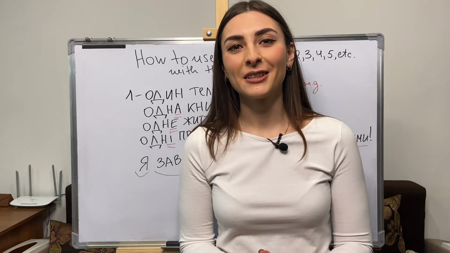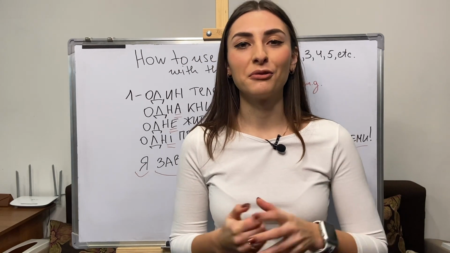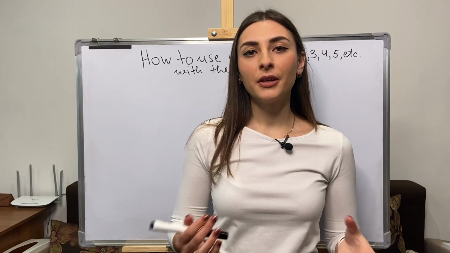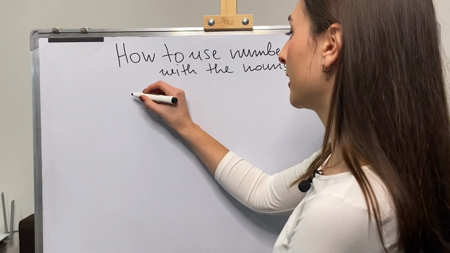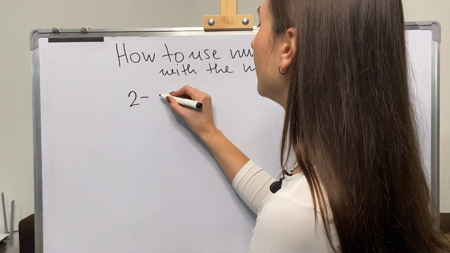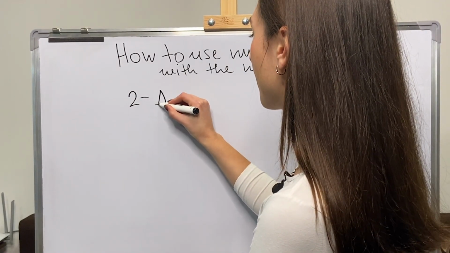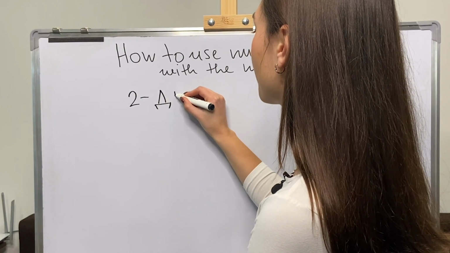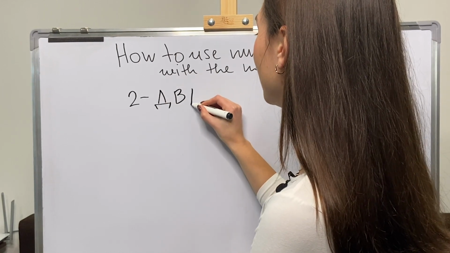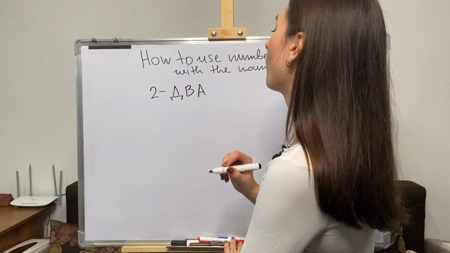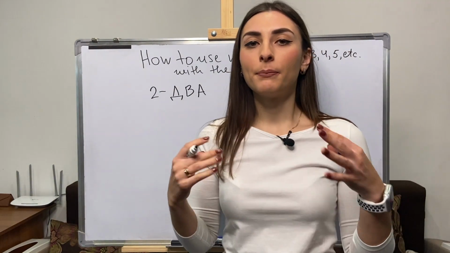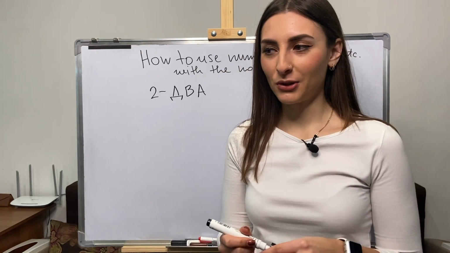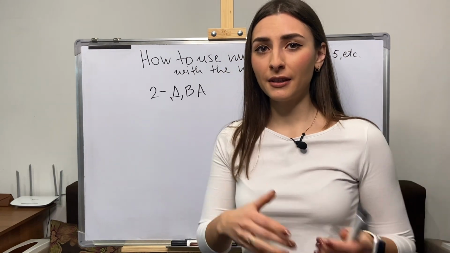And now let's talk about the numbers 2, 3 and 4. Now we're going to talk about the number 2. Number 2 in Ukrainian is два. Так, один, два. 1, 2. Obviously 2 is a plural numeral, because we can't use it with singular nouns.